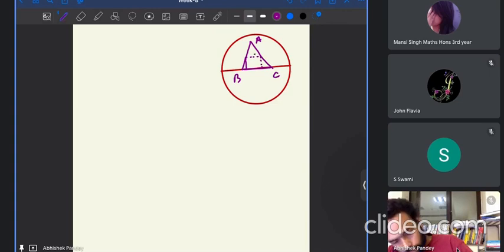And let us give a direction. Let us call it B delta dash and C delta dash, C delta, and B delta.